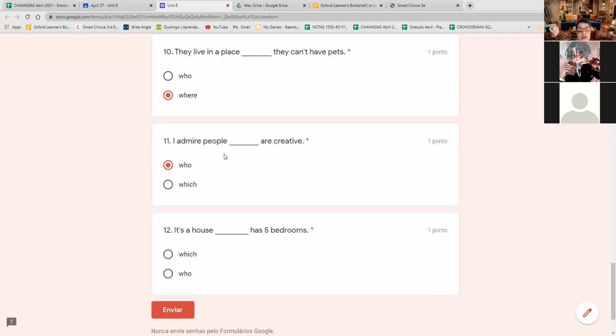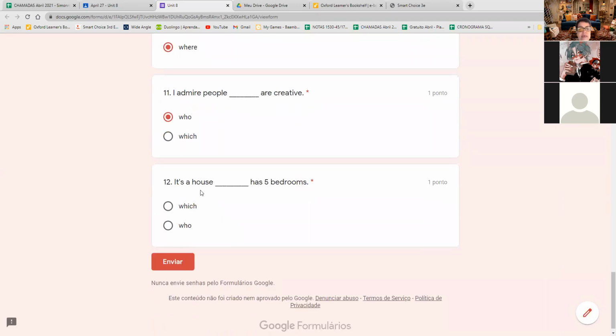Because I'm talking about people. The last one. It's a house... Which? Very good. It's a house which has 5 bedrooms. So here I'm using which. Why?